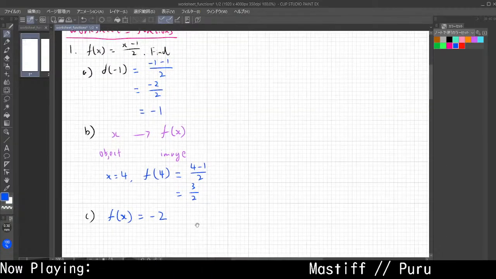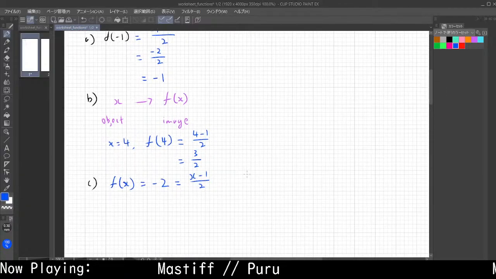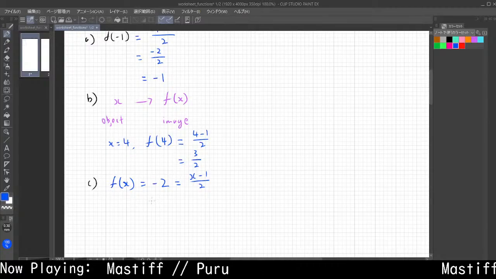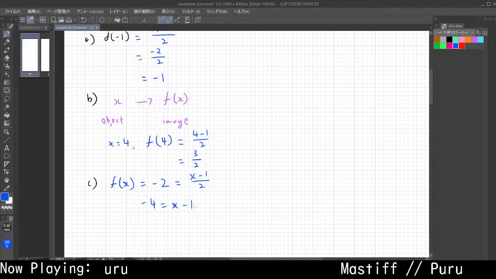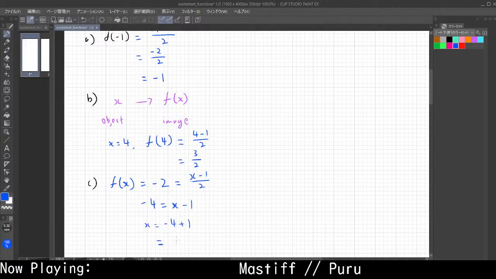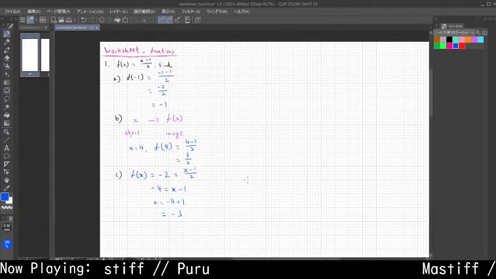So this is just finding x. This should be equal to (x minus 1) over 2, where your f(x) is. Then you just rearrange the terms. So you get -4 equals x minus 1. Minus 1 move over. x equals -4 plus 1 equals -3. Okay, so we have this going for us. Okay, that's Q1. Next question.